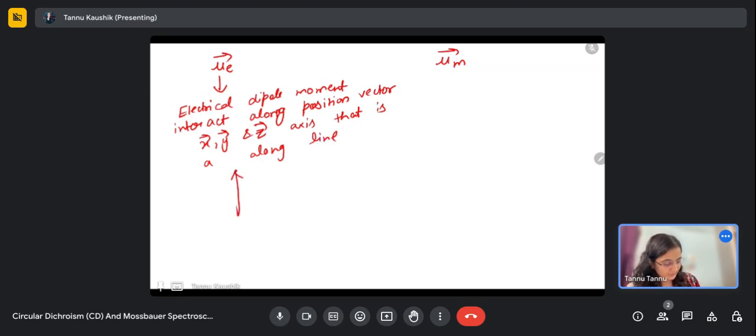The electric dipole moment interacts along a line.